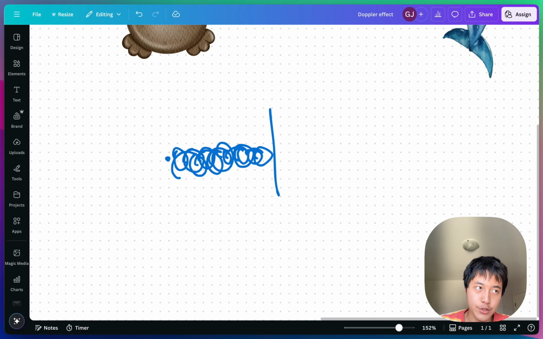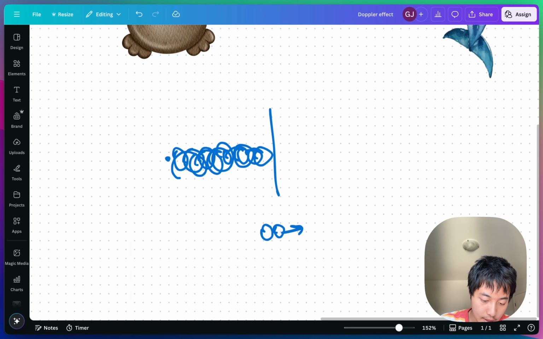If the animal they're tracking is moving this way, once the waves hit the prey, it's going to bounce back at a lower frequency than the original one because the animal is moving farther away. And so it's going to take more time to bounce back.